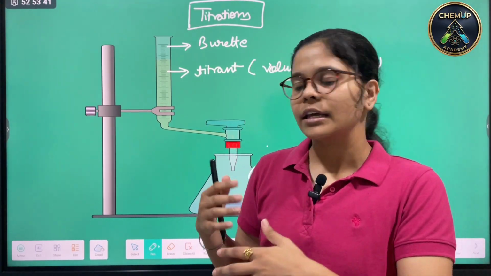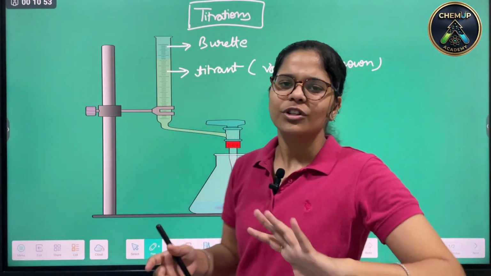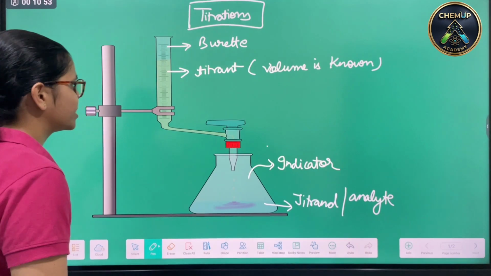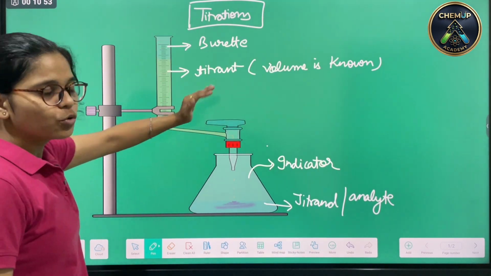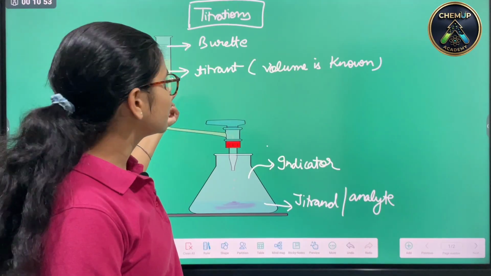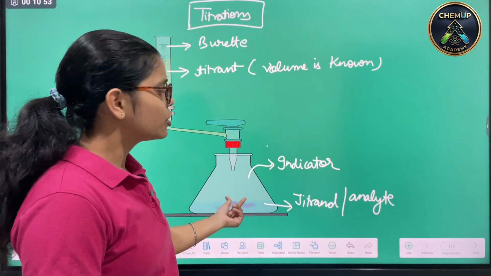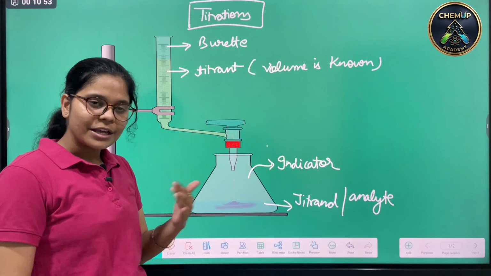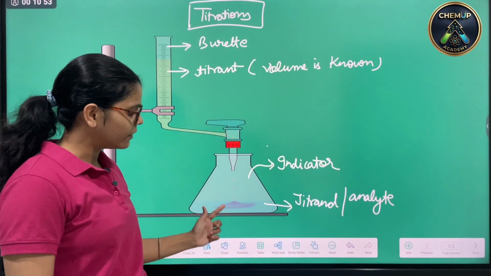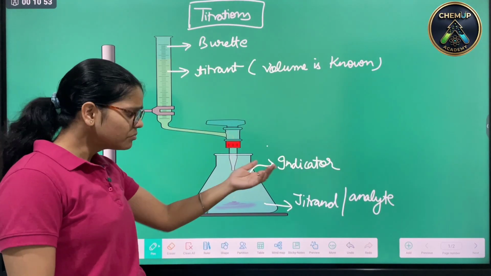So there's nothing in it to explain. It is the burette in which you are taking your titrant whose volume is known to us, and using this volume of titrant we shall be analyzing the formation with the help of the indicator.